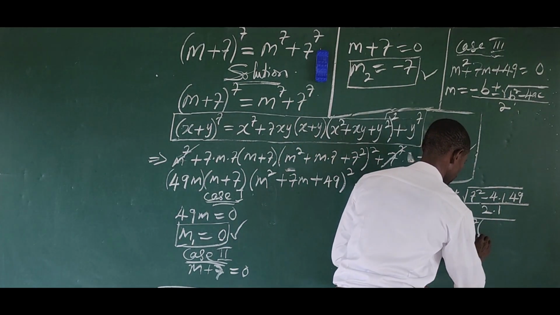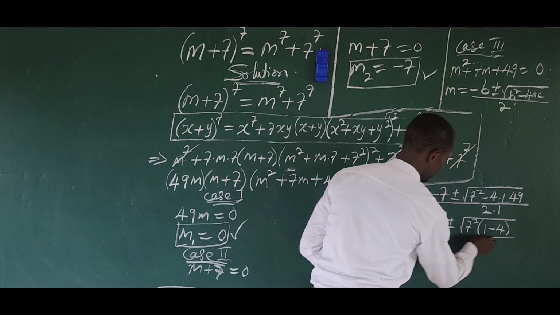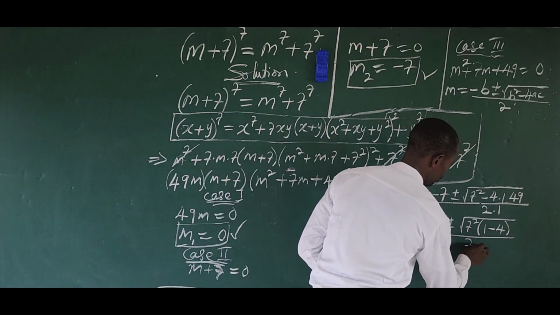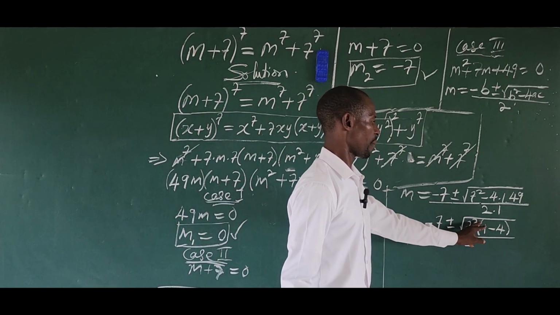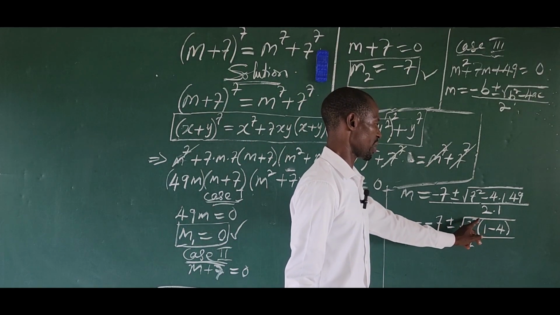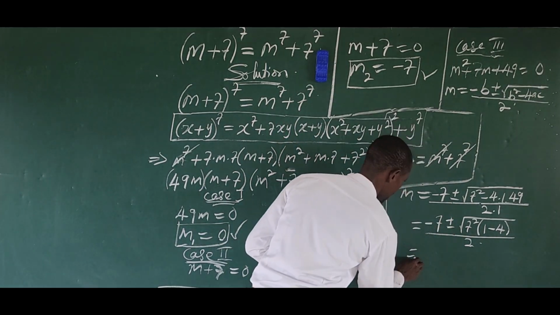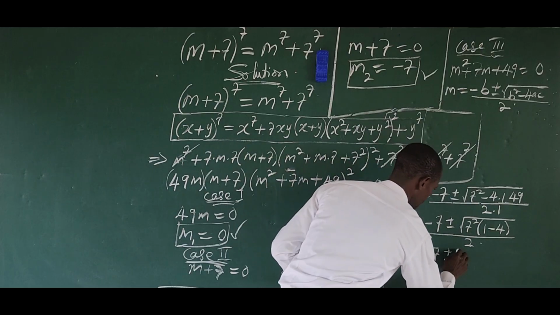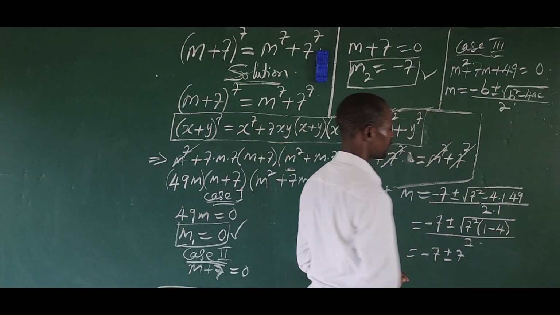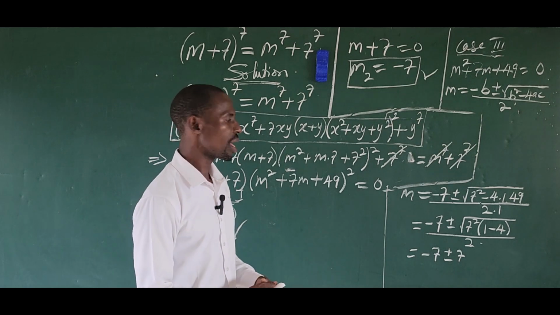If we factor out, we have 1 minus 4 in brackets, all over 2. Because this is a square root and here we have a square, that can come out. So we have minus 7 plus or minus 7, then we are left with 1 minus 4, which gives us minus 3.